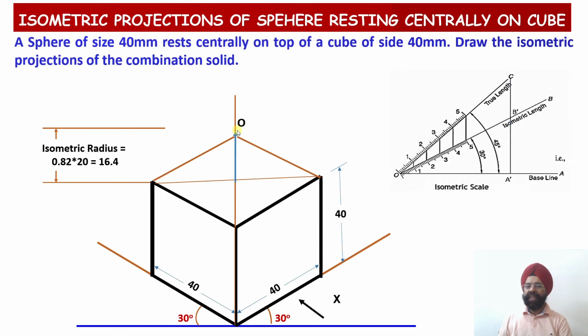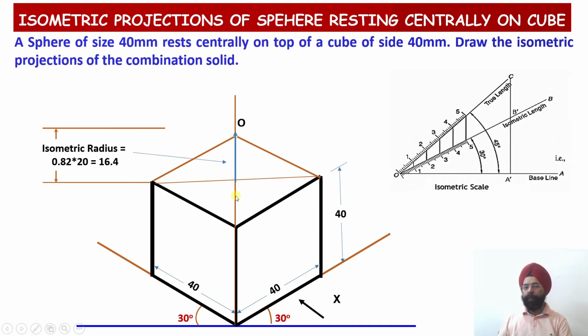So this will be my center point for the construction of the circle. But when I start construction of the circle from this particular point O, I cannot draw the radius equal to 16.4. It is only that this linear distance has been plotted over here, and then I'll keep my compass needle over here, open the compass equal to 20 millimeter.